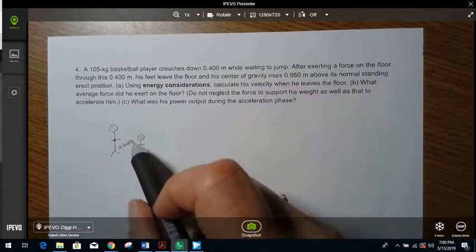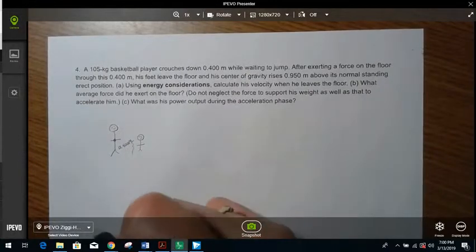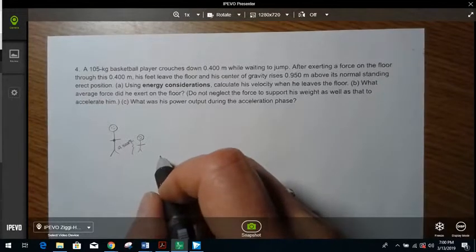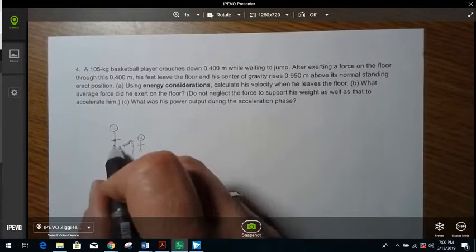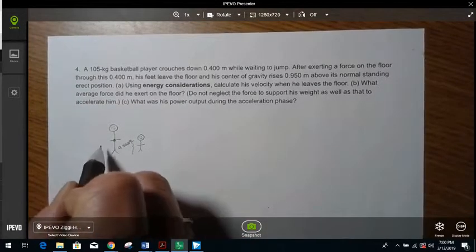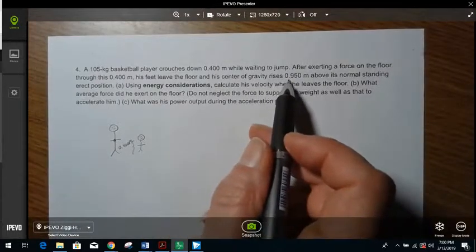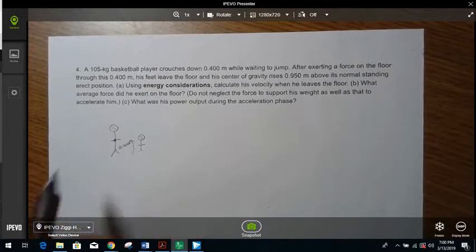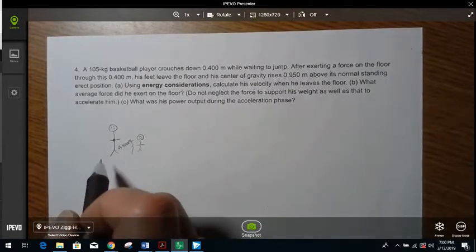So he's going to exert a force through this distance, and he's going to leave the floor. When he leaves the floor, he ends up with his center of gravity rising 0.950 meters above his normal standing position.